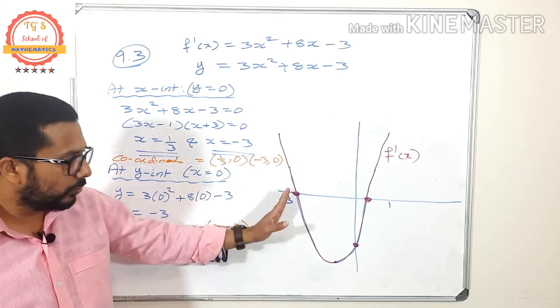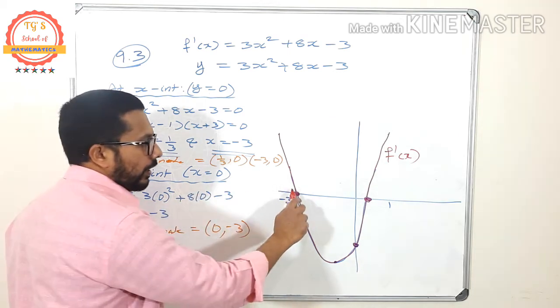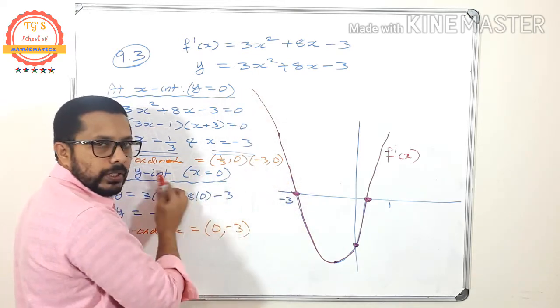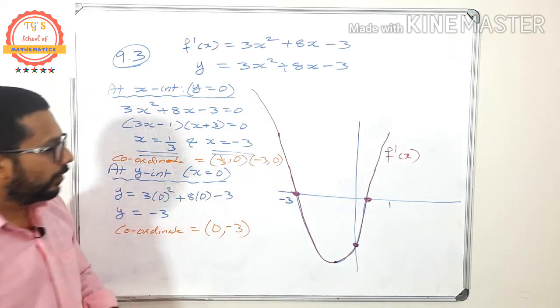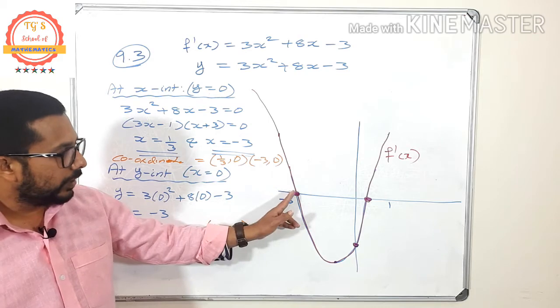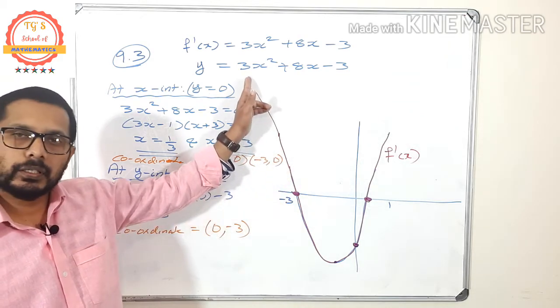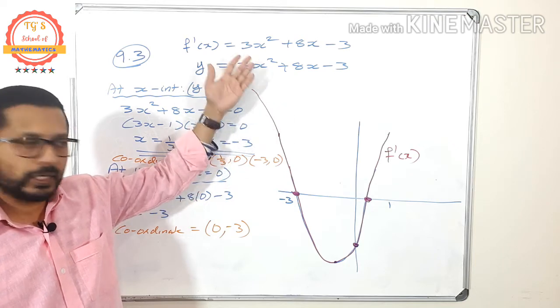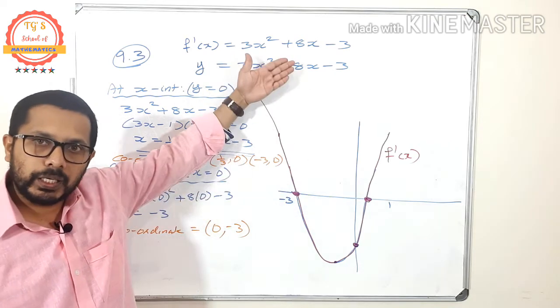We can see that this graph is going like this. When x is less than minus 3, is it greater than 0 or less than 0? Of course it is greater than 0, because it is above the x-axis.